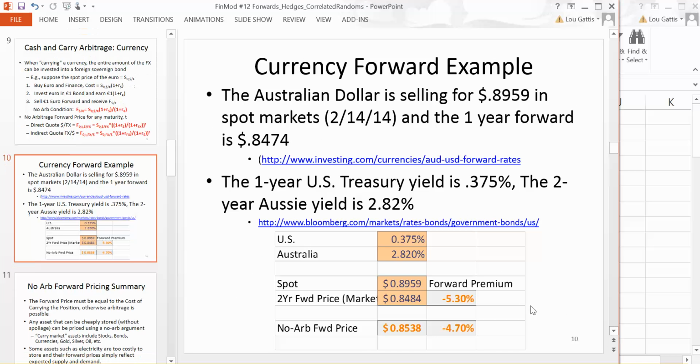So let me just check to see if this works on the Aussie dollar. On 2/14/2014, the Aussie dollar was selling for 89 cents in spot markets, and the 1 year forward was 84.74 cents. Let's see if that conforms to the no arbitrage price.